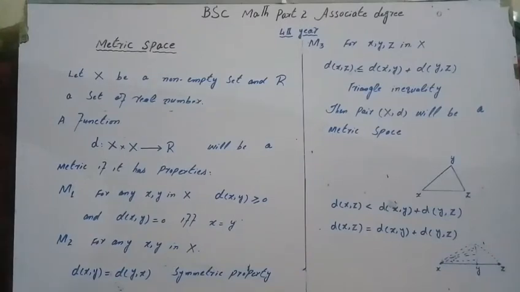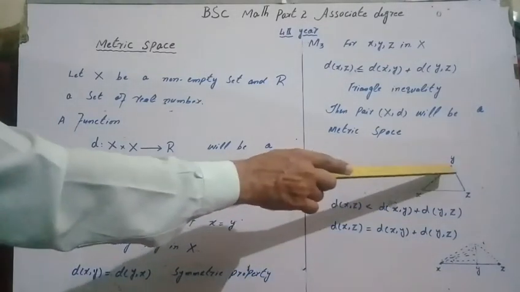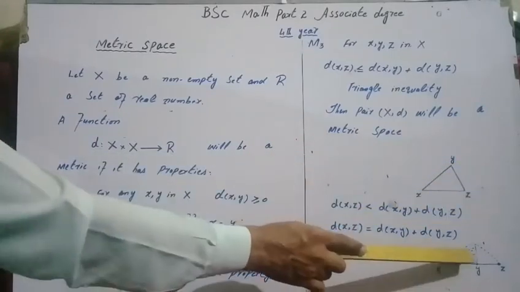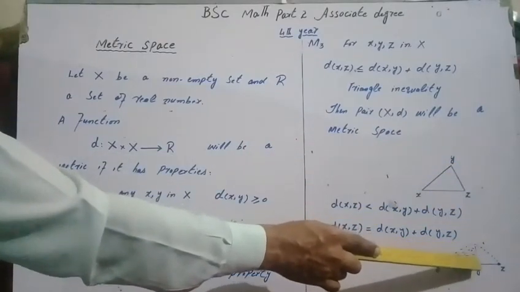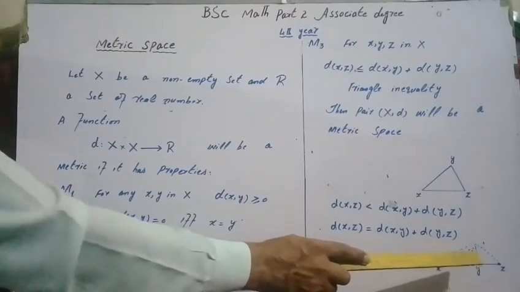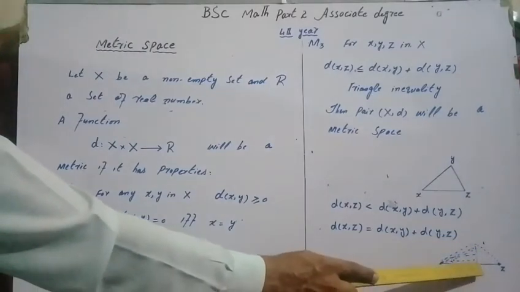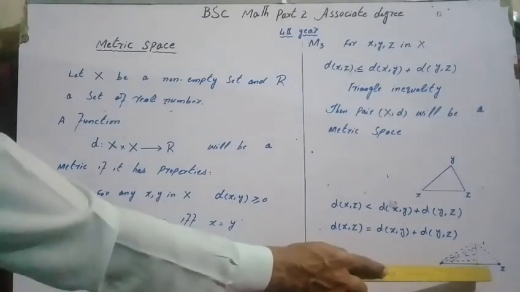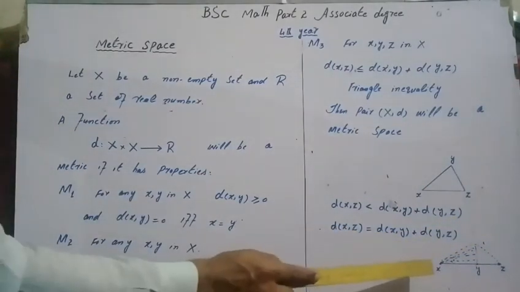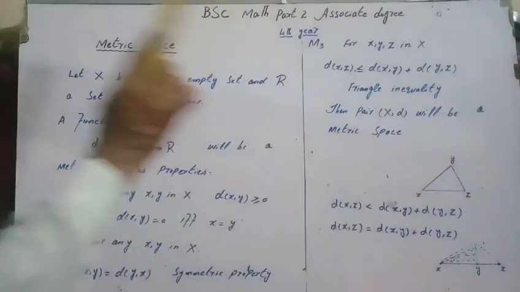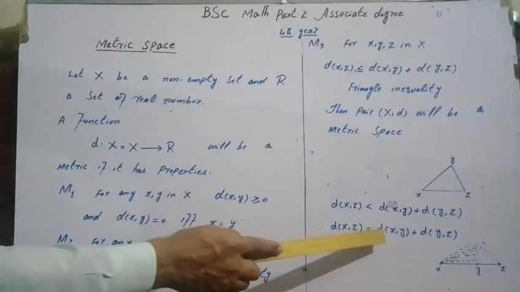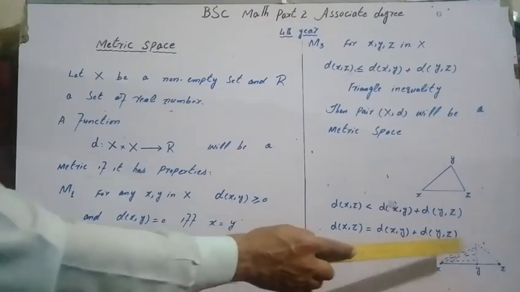And if we move this y toward the baseline, when y is on the baseline, then the distance from x to y and the distance from y to z will be equal to the distance from x to z directly. The distance between x and z in this case is equal to the distance between x and y plus the distance between y and z.